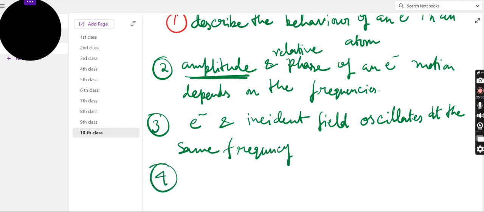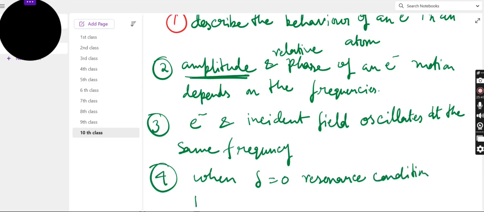And when delta becomes zero, the resonance condition, the even function, or we can say the imaginary part, is maximum.